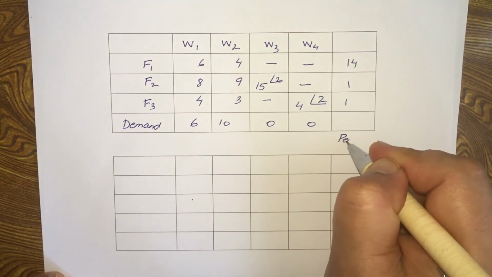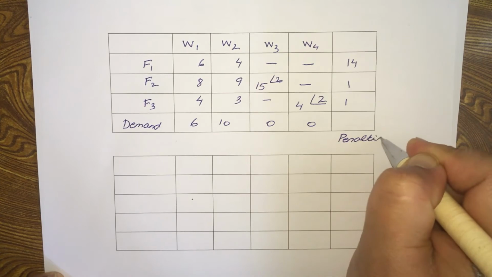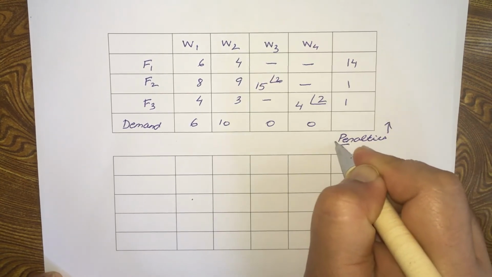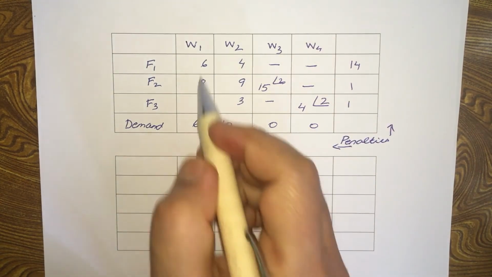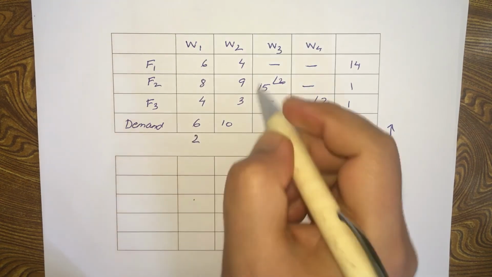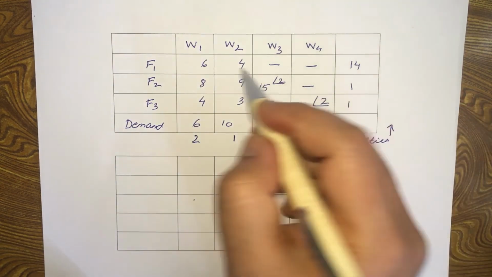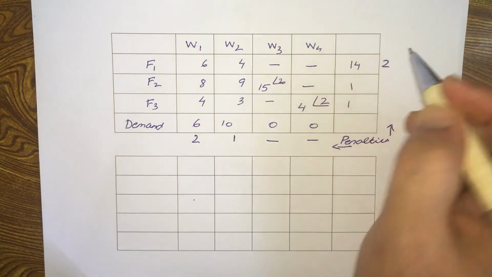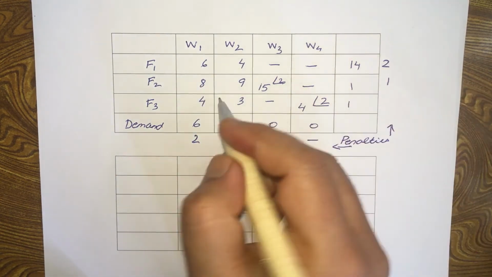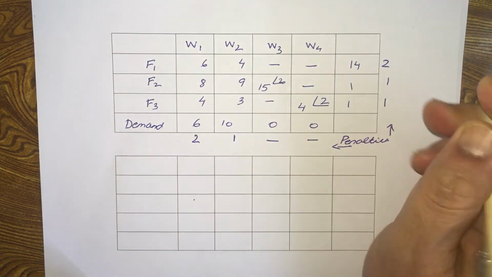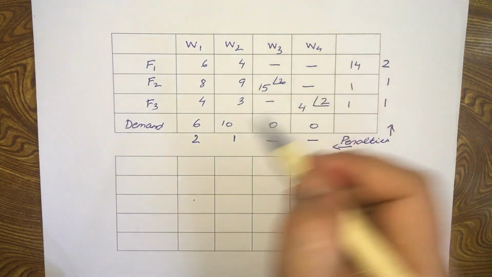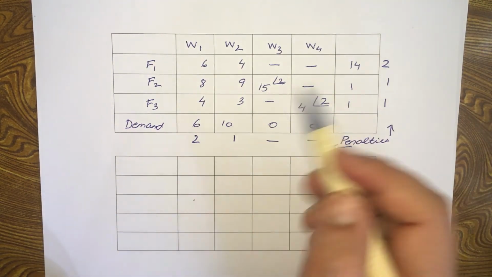Okay, find out the penalties. 6 and 4, 2, 4 and 3, 1, 6 and 4, 2, 8 and 9, 1, 4 and 3, 1. So which is the highest penalty? 2. Now we can take any one.